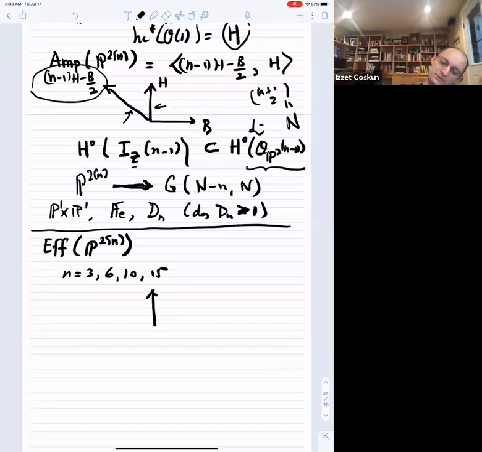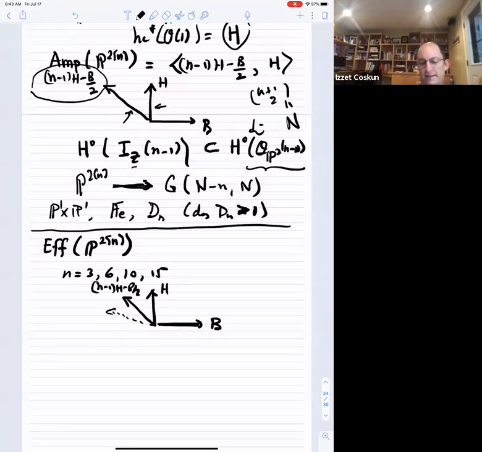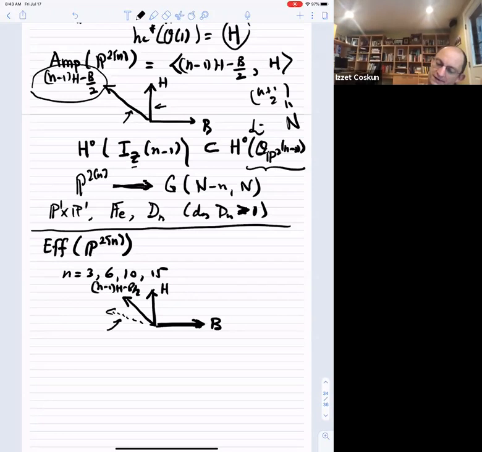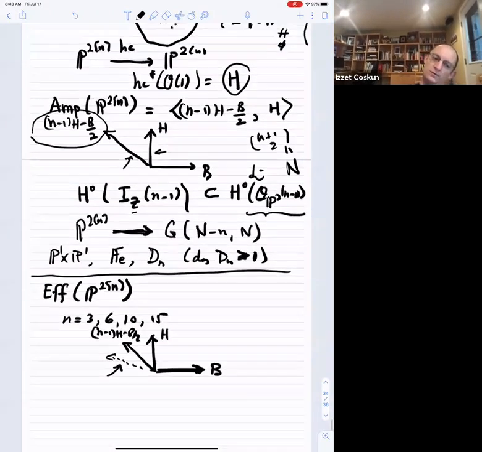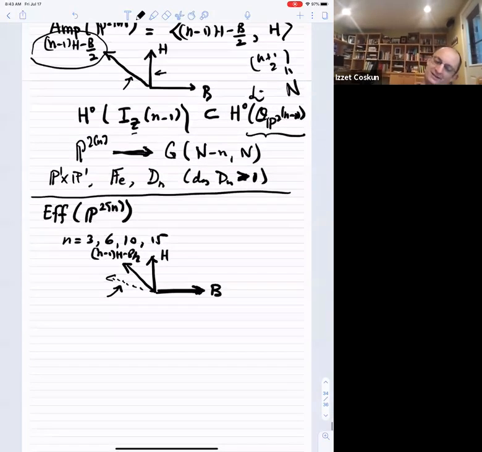So again, let me remind you, here we have (n-1)H minus B over 2, and here we have the edge of the effective cone. B was always one edge of the effective cone. As I said, the Hilbert-Chow morphism gives us one edge of the ample cone and one edge of the effective cone. The interesting one is finding the other one.